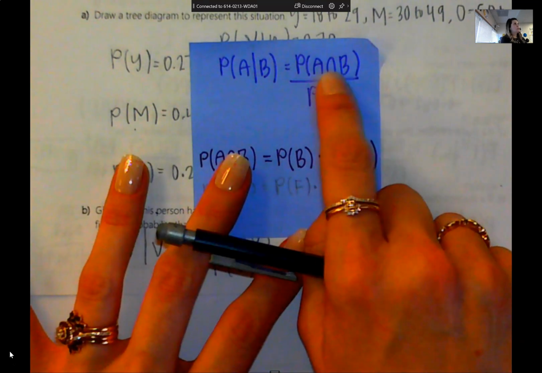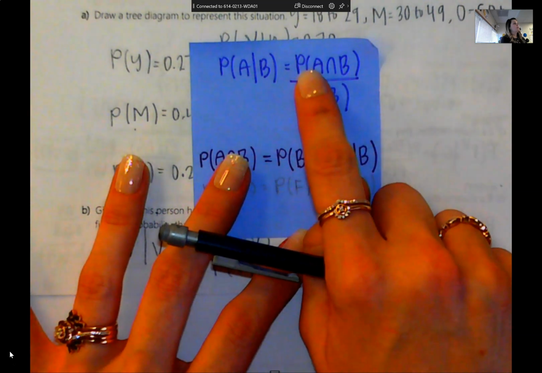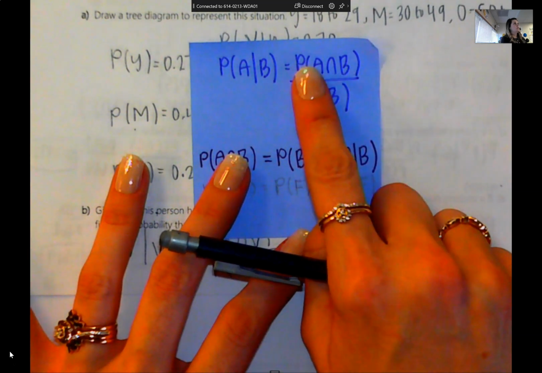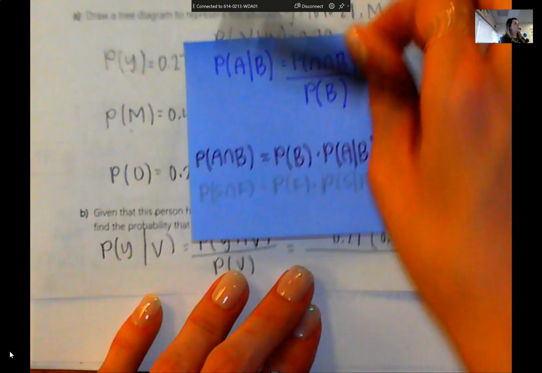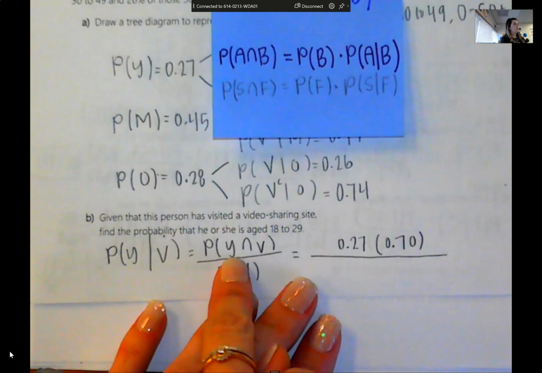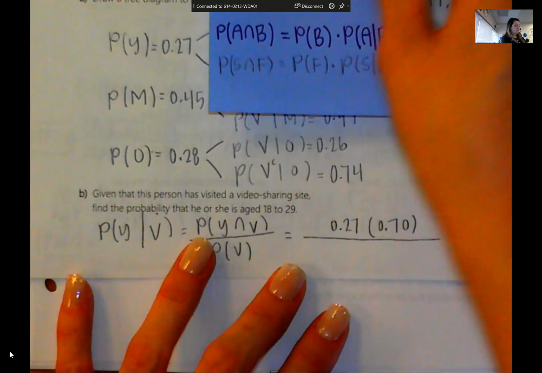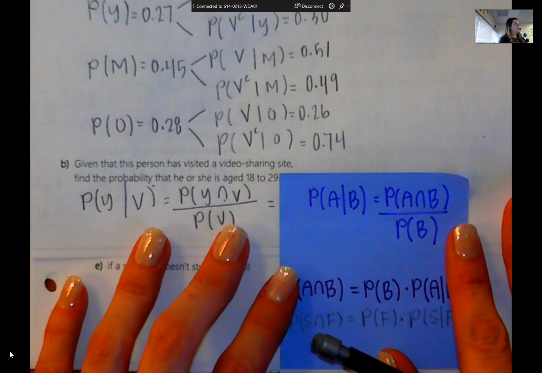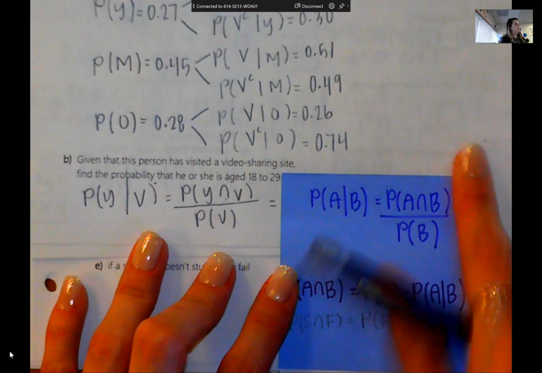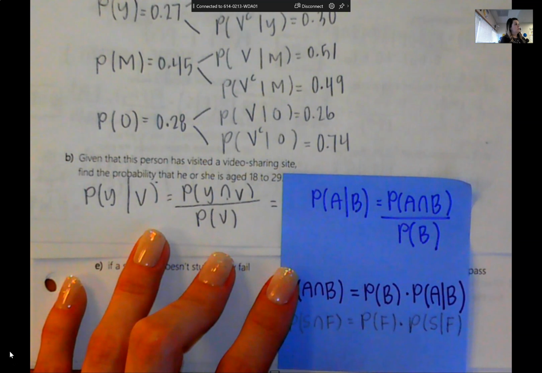These are interchangeable. I can write probability of A and B or probability of B and A. So according to that, I don't have anything out of place here. Unless I'm crazy, they look exactly the same to me. Do they look out of place to you?